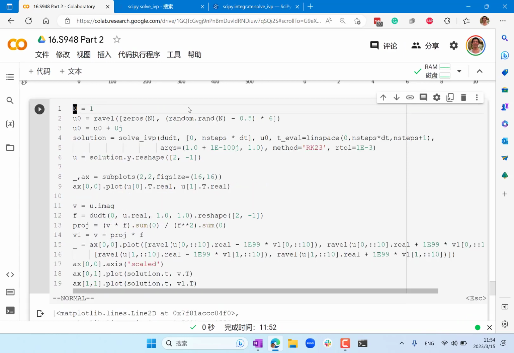So here is what I'll be doing. I'm going to be solving two equations instead of a single equation.